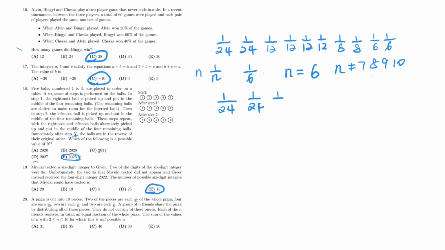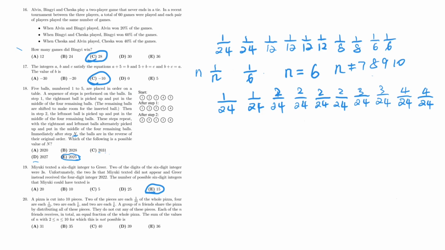So 1 over 24 stays; 1 over 12 is 2 over 24, for 4 pieces; 1 over 8 is 3 over 24; 1 over 6 is 4 over 24.